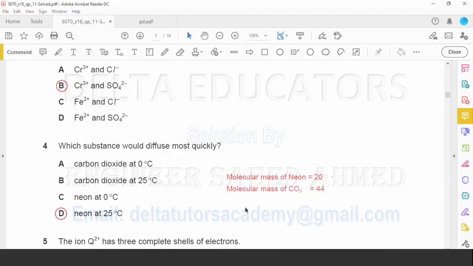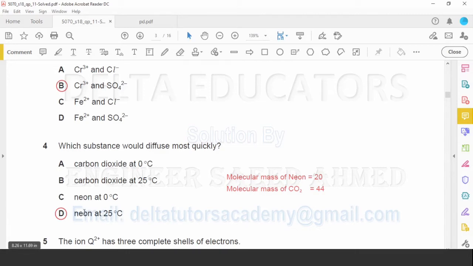Question number 4. Which substance would diffuse more quickly? Rate of diffusion depends on molecular mass and on temperature. More temperature, more will be the rate of diffusion. Less molecular mass, more will be the rate of diffusion. Now in A and B it is given carbon dioxide. Molecular mass of carbon dioxide is 44. In C and D it is given neon.